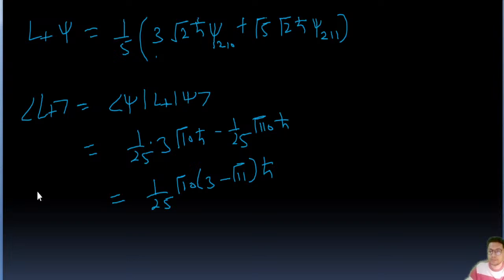Now similarly we'll find L minus. Okay, L minus expectation value, and this value is going to be 1 upon 25, 3 root 10 root 11.